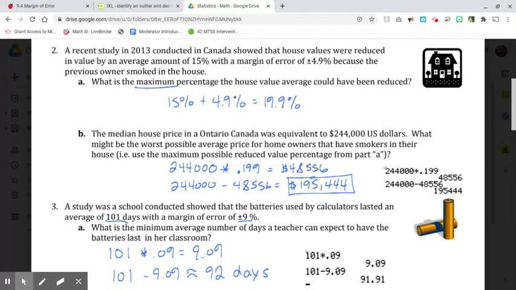B, the median house price in Ontario, Canada, was equivalent to $244,000. What might be the worst possible average price for homeowners that have smokers in their house? So again, think about what can happen.